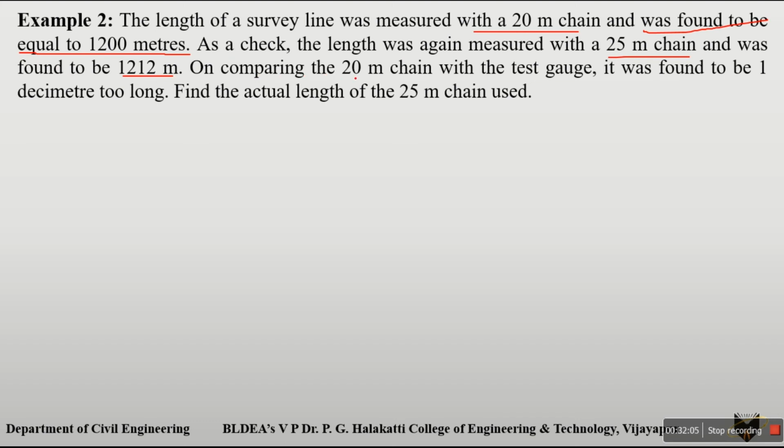On comparing the 20-meter chain with the test gauge, it was found to be 1 decimeter too long. So find the actual length of the 25-meter chain that is used.